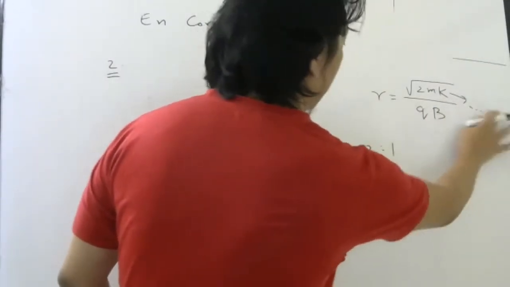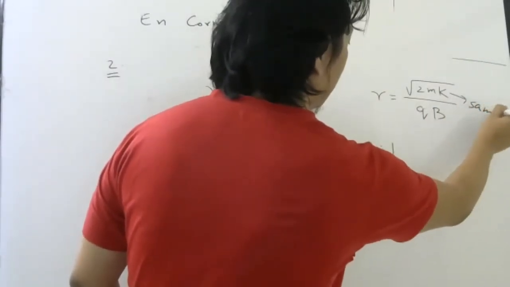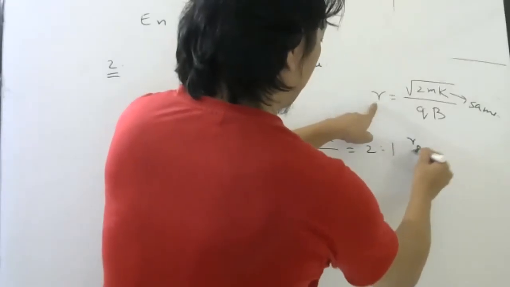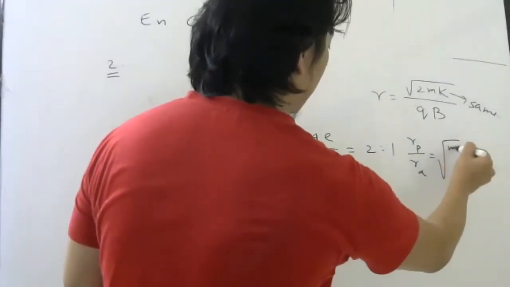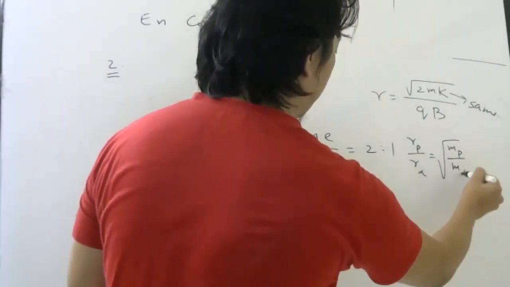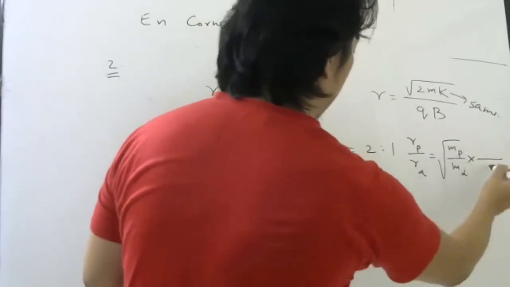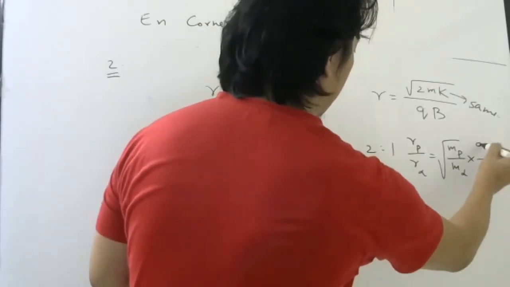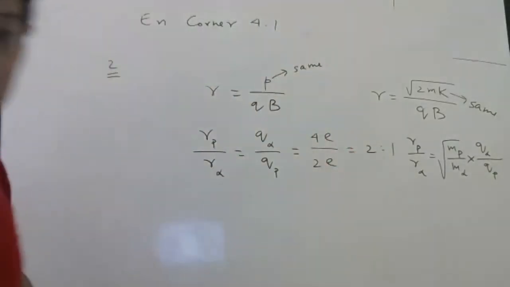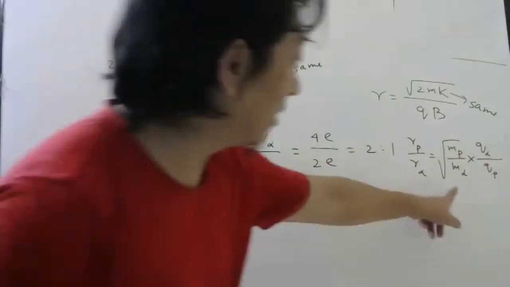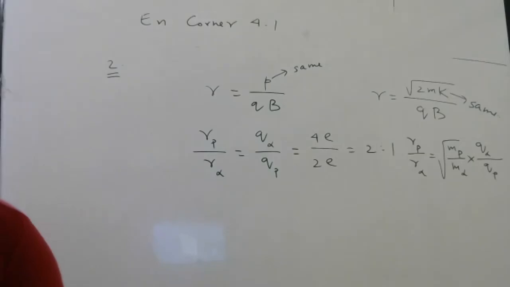So if kinetic energy is same, ratio of radius of proton by radius of alpha will be root of mass of proton by mass of alpha into charge of alpha by charge of proton. So what answer you will get here? 1:1. We have done that already.